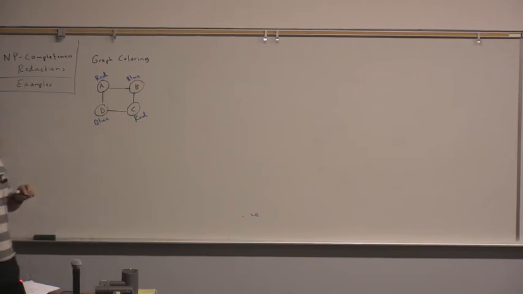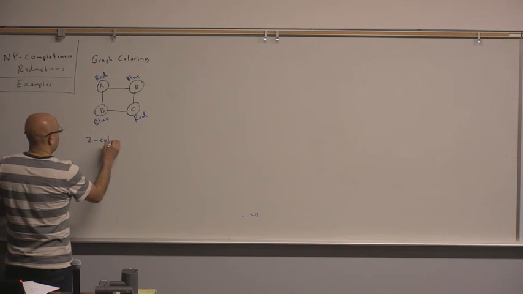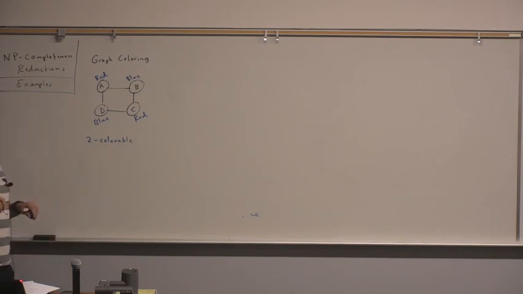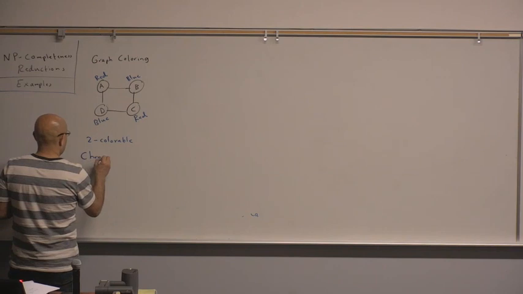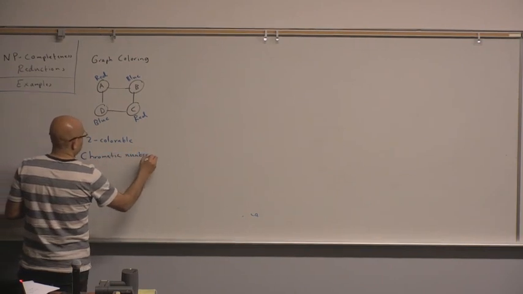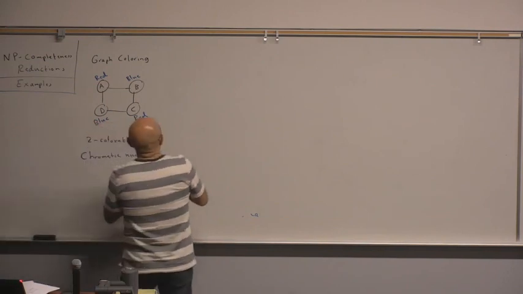So in this case, we managed to cover all the vertices using two colors. So this graph is two colorable. Or the chromatic number of this graph is 2.